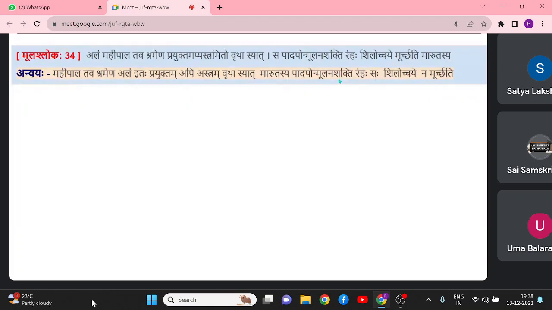Padapaha means tree, Vrukshanam unmulane Shaktihi. A very forceful wind is blowing that has the power to uproot the trees. Saha shilochaye na murchati. That forceful wind which could uproot the tree has no effect. Na murchati, na prabhavati, has no effect on what? Shilochaye, on parvate, on a mountain.